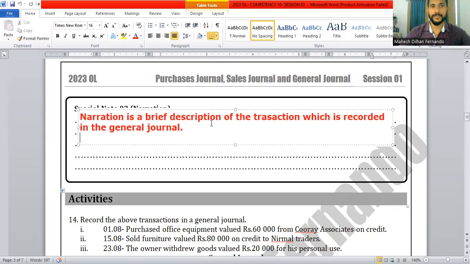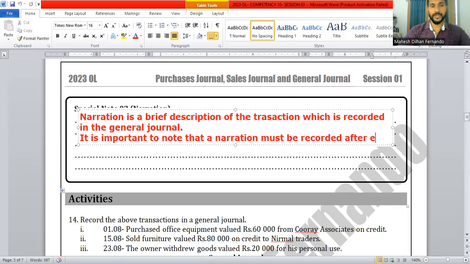Okay, point. It is important to note that a narration must be recorded after every single entry in the general journal.